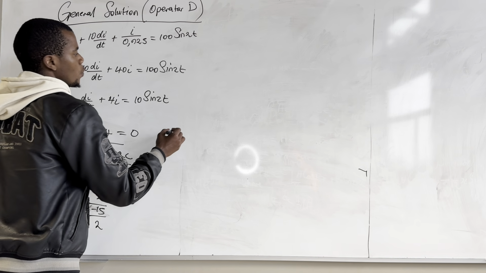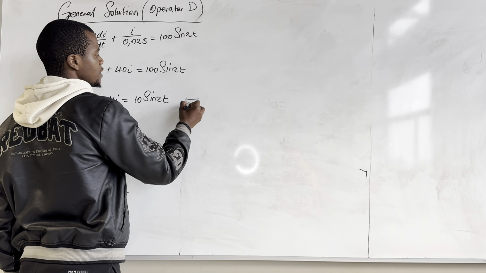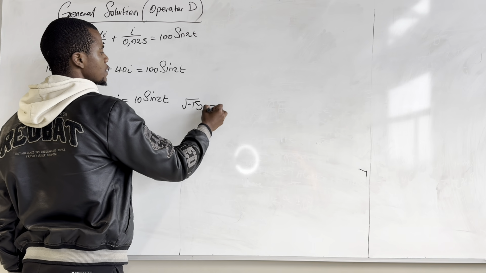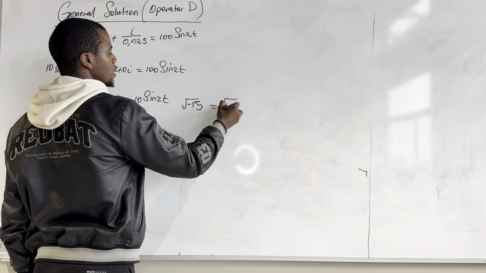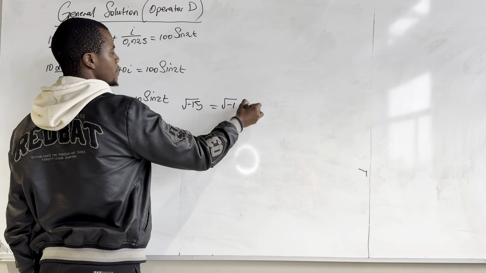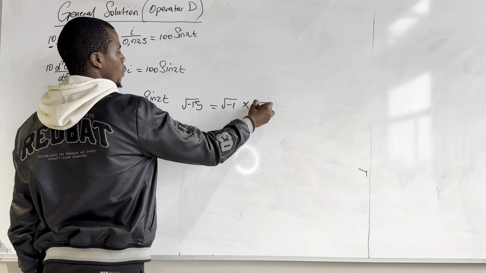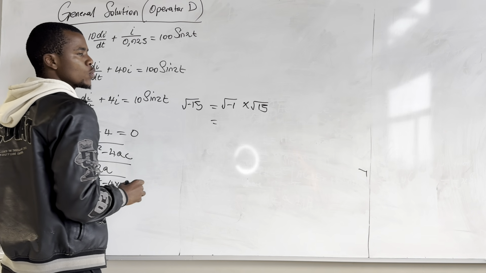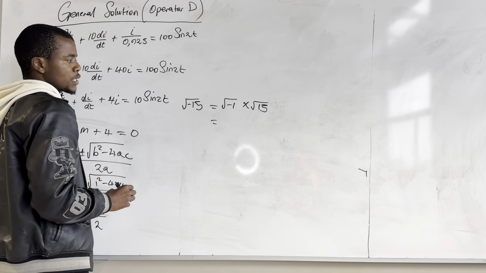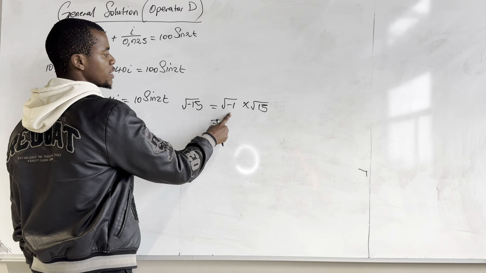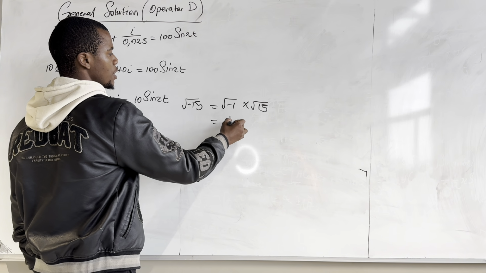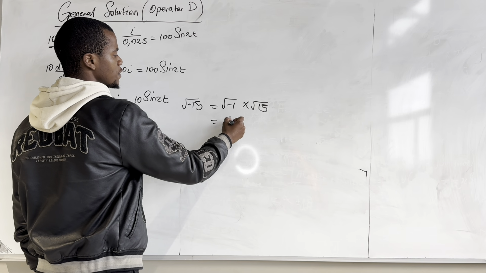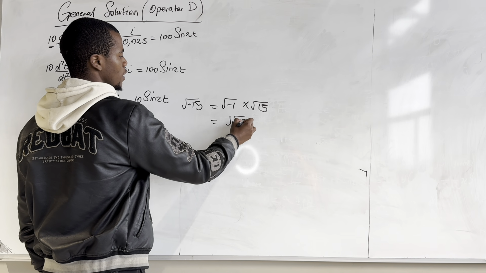But we know that the root of negative 15 is the root of negative 1 times the root of 15, and in complex numbers the square root of negative 1 is simply j, so we get j root 15.